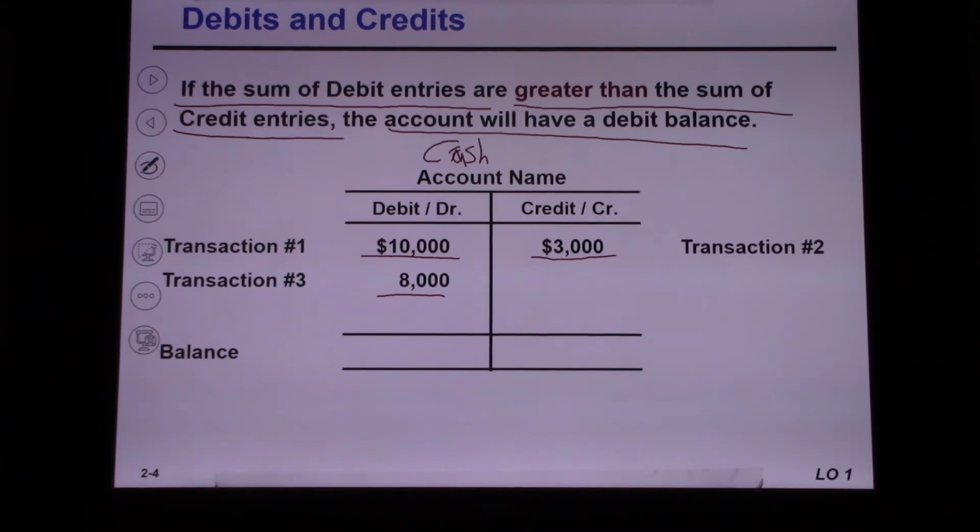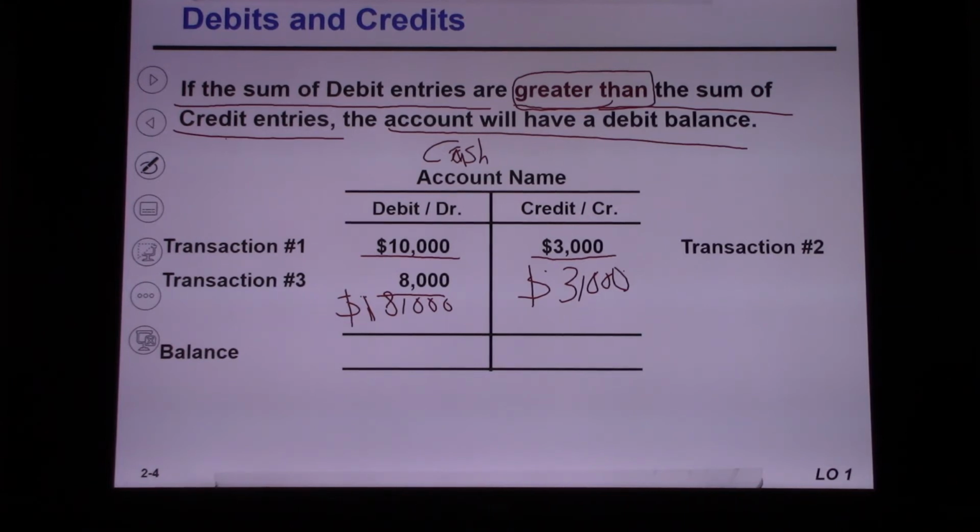So if we add the debit side, $10,000 plus $8,000, it will give us $18,000. And if we add the credit side, the sum is only $3,000. And I ask you, what is the balance for this account? Is it a credit balance or a debit balance? Again, if the sum of the debit entries is greater than the sum of the credit entries, the account will have a debit balance.